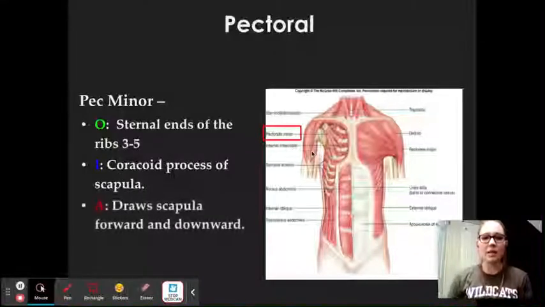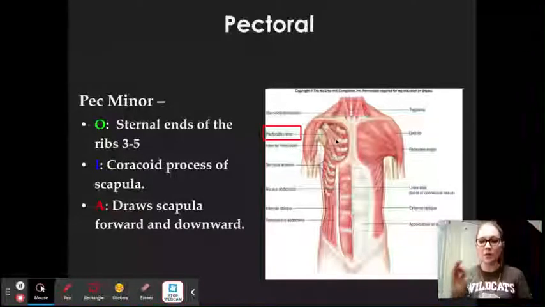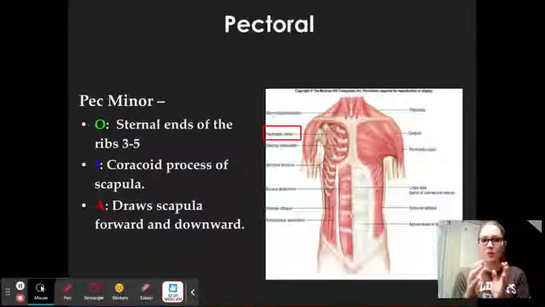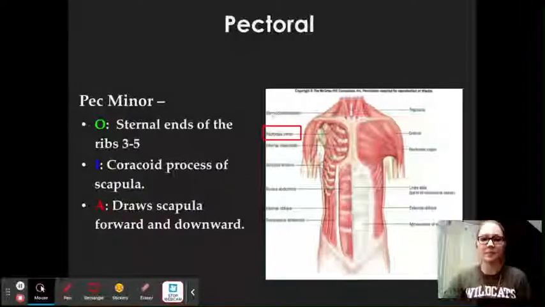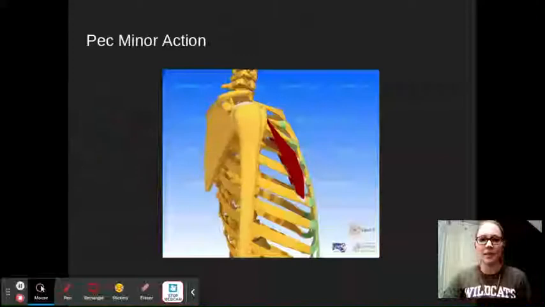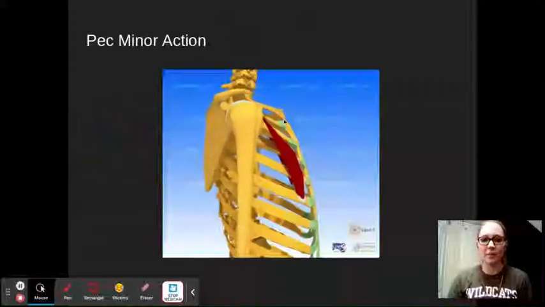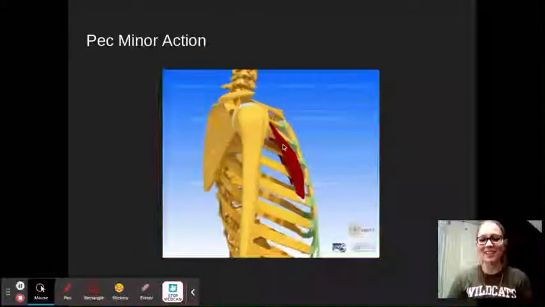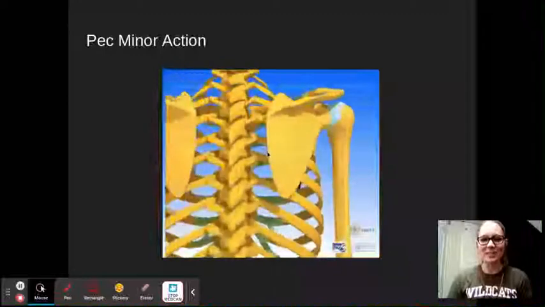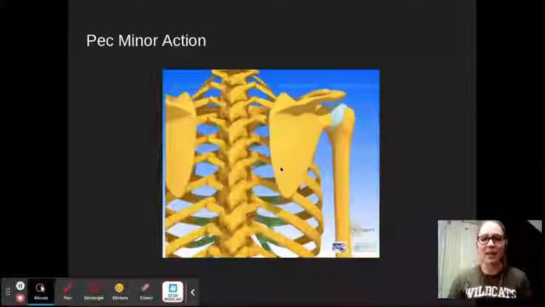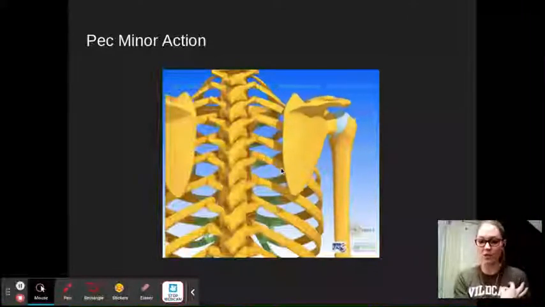And then when it contracts, it draws the scapula forward and downward. So when those muscle fibers shorten, we're going to see the scapula come forward and downward. And this is the motion of the pec minor on the scapula. So we can see it comes forward and down when that muscle contracts.